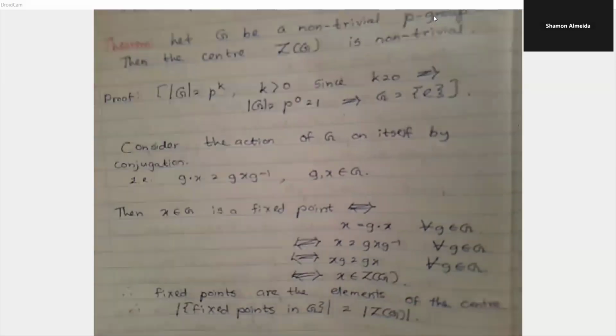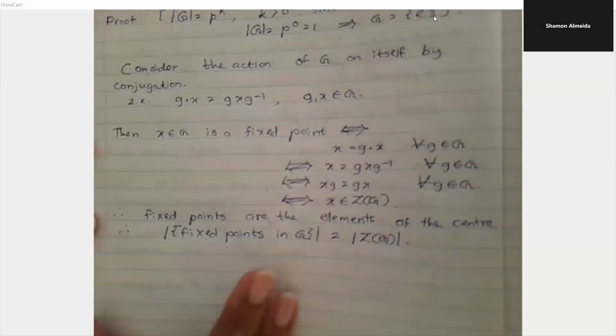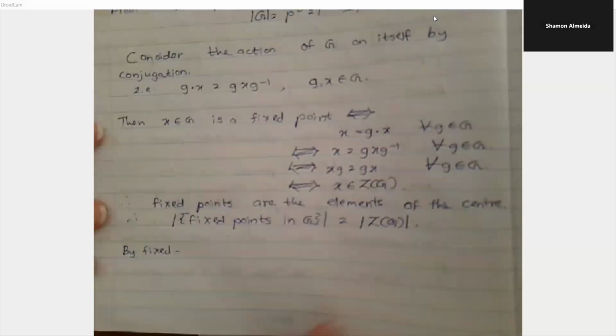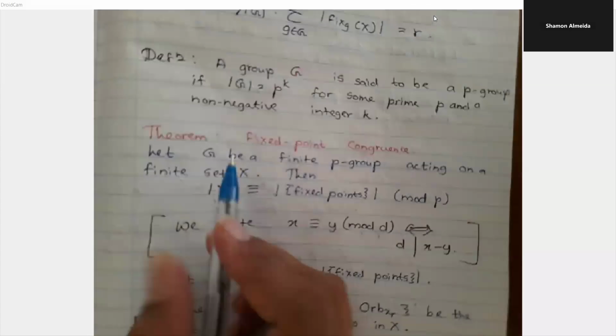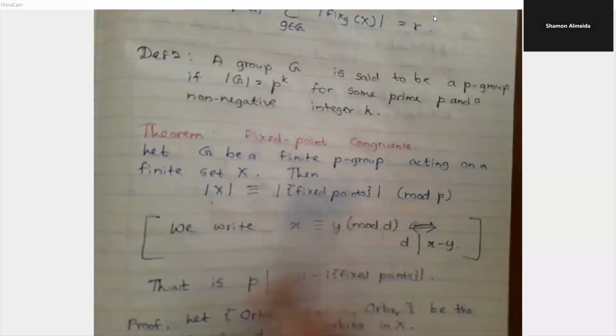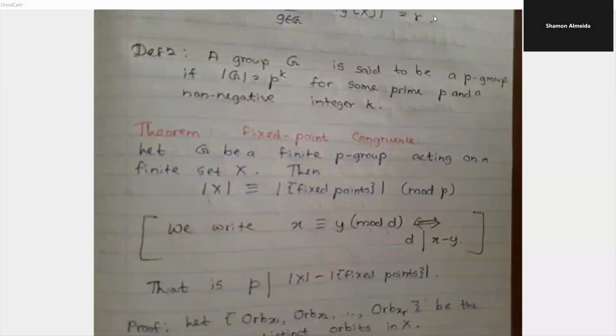Now, using the fixed point congruence theorem, if you go to the fixed point congruence, G, a finite P group acting on a finite set X. Now in our example, G is acting on itself.